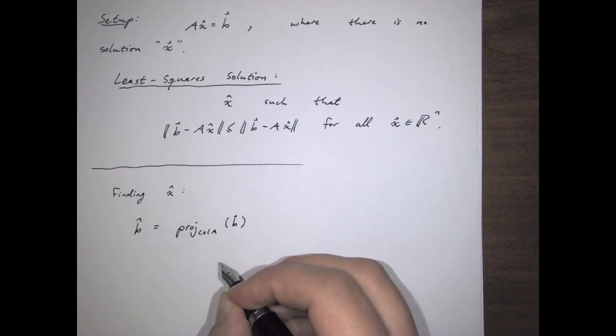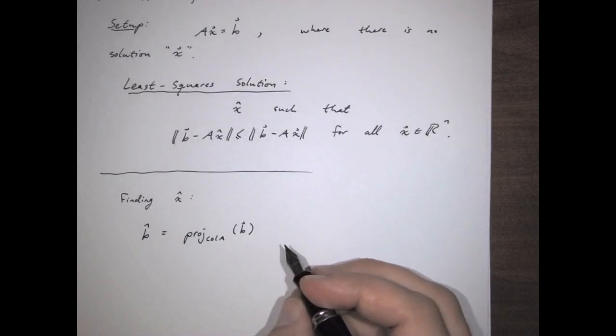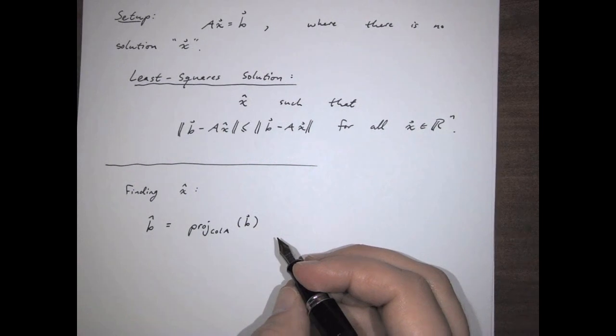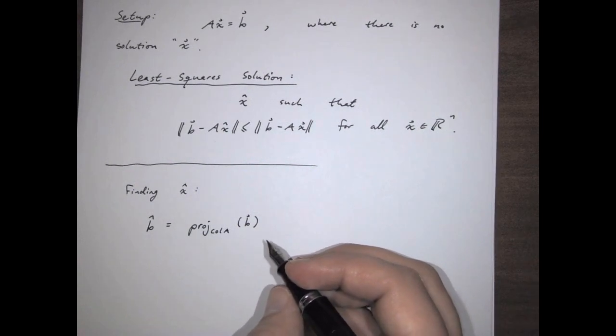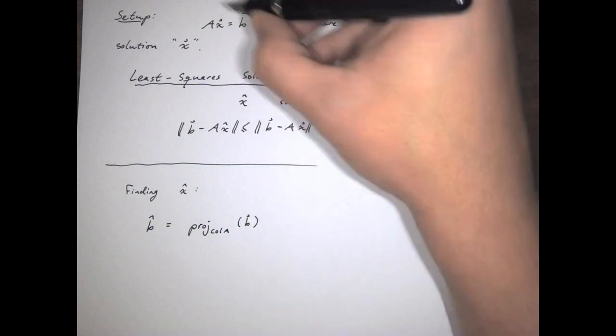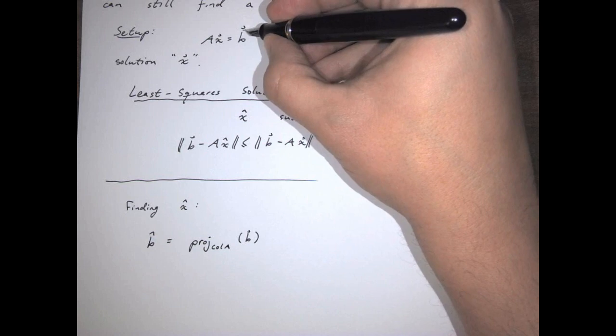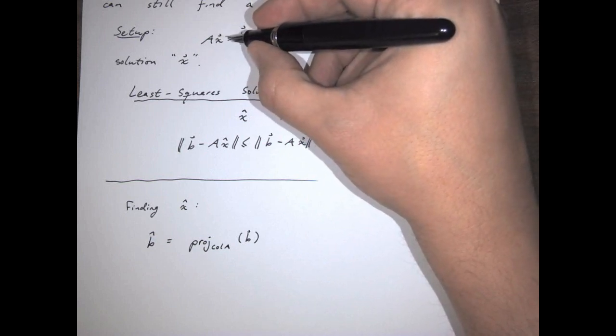So what we've got here now is the closest point that actually is in the column space of A to the b that we're trying to hit. If this actually had a solution, then b would be in the column space of A, and we'd be looking for how to get there.